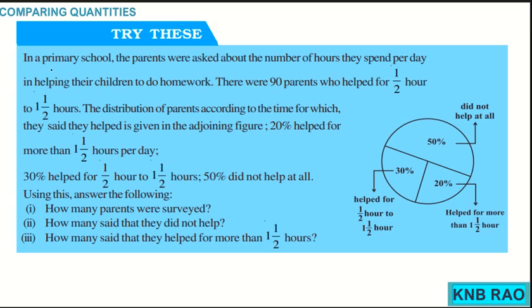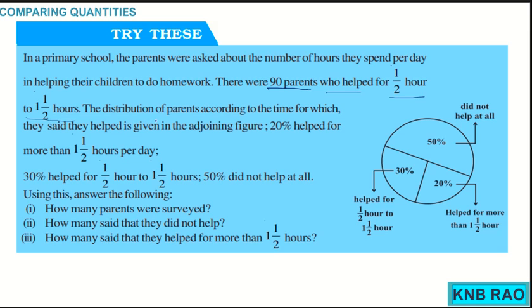In a primary school, the parents were asked about the number of hours they spend per day in helping their children to do homework. There were 90 parents who helped for half hour to 1.5 hours.